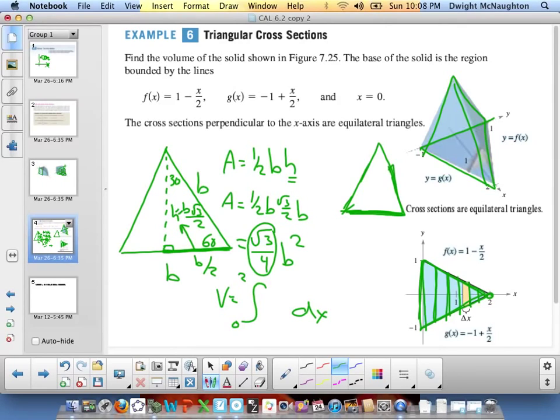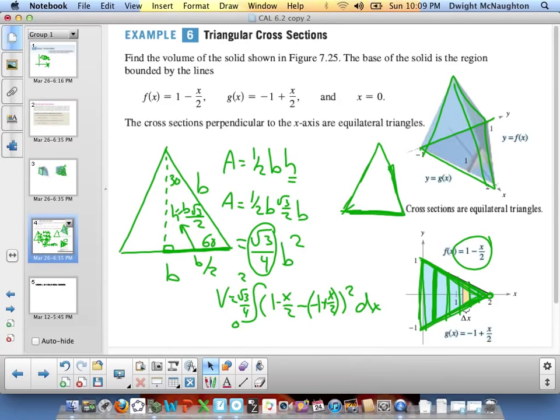Square root of 3 over 4, like pi, is a constant, so I'm going to pull that out front. And then our base, which has to be squared, is this line right here, which goes from this function down to this function. So we're going to take the top, 1 minus x over 2, minus the bottom, which is -1 plus x over 2.